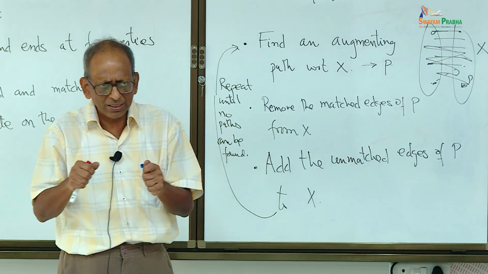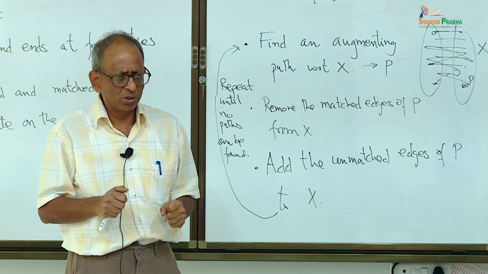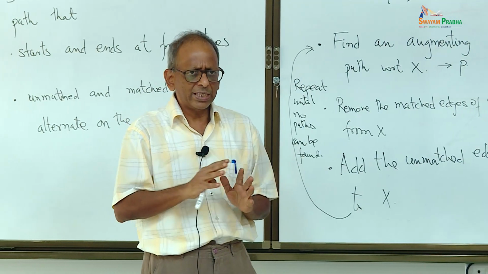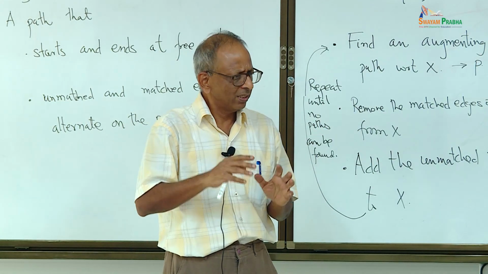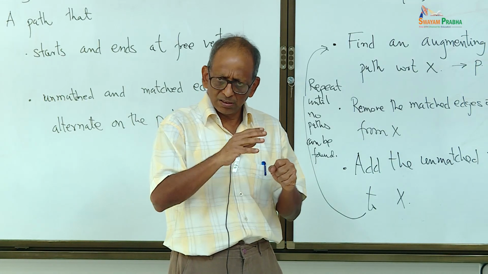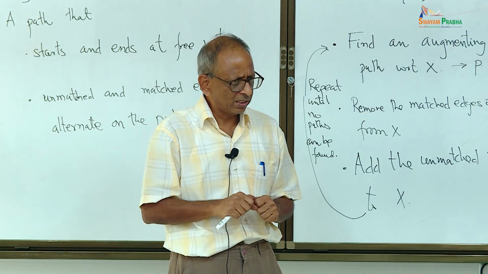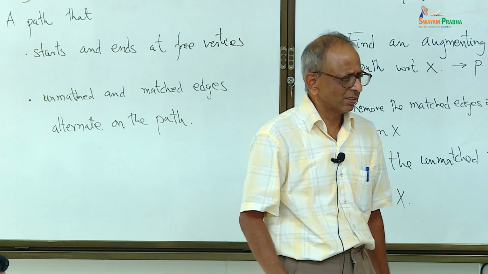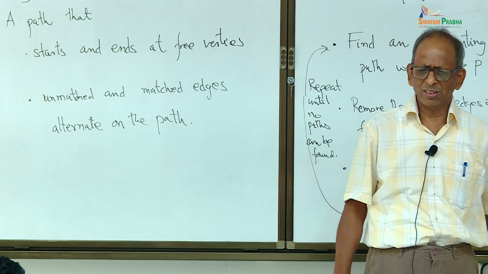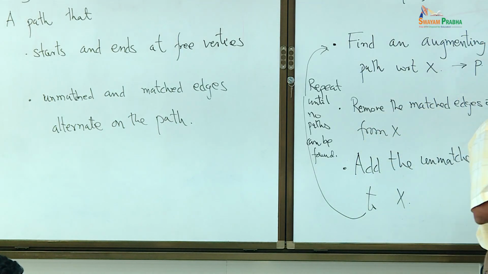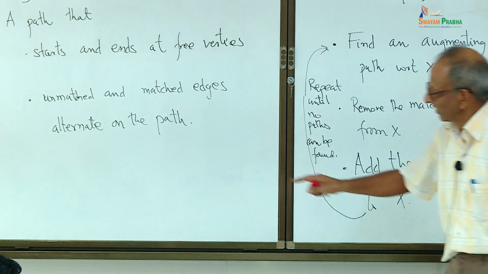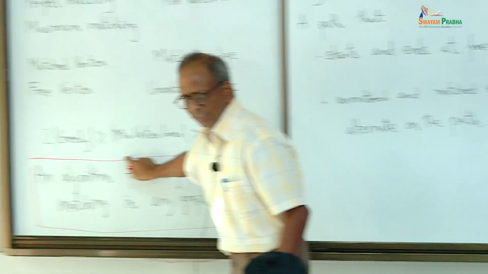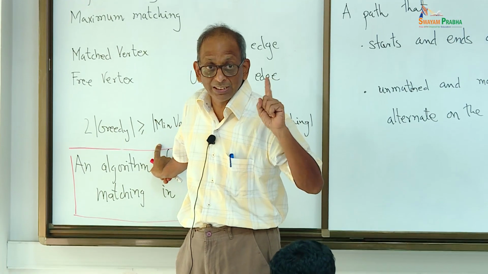Is there something that they can show you that will convince you that no matching can be bigger than the current matching? Is there anything that puts an upper bound on the maximum matching? Is there anything on the board that says maximum matching cannot be more than this much? Minimum vertex cover.